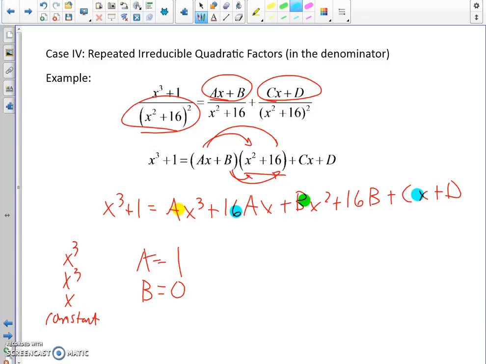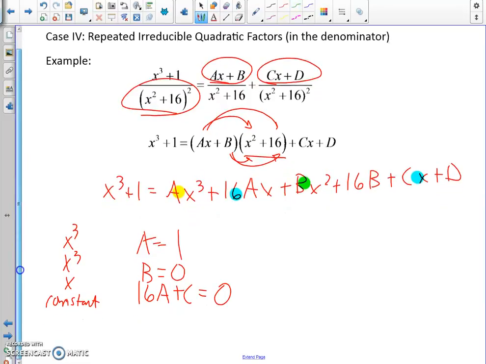Looking for the linear, doing pretty good, I'm going to have 16a plus c is equal to 0. Now I know that a is 1, so c is going to be negative 16.